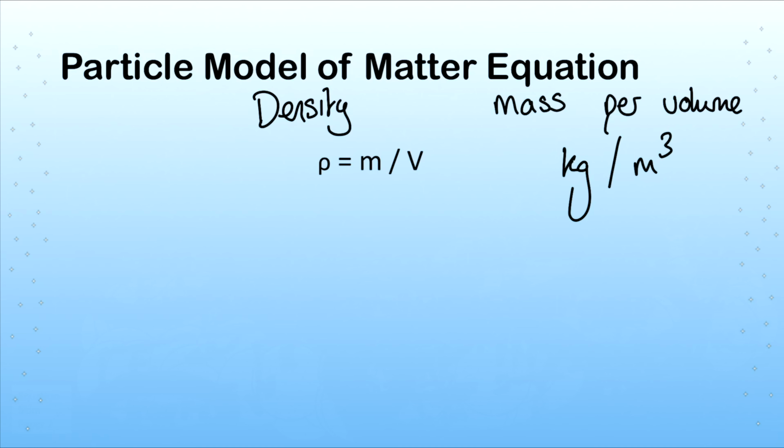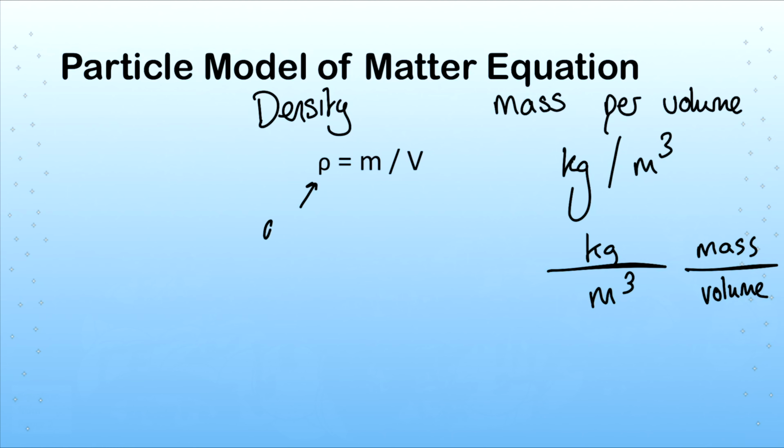If you look at this unit, it's one of those wonderful things where you've got kilograms divided by meters cubed, and if we simplify that into what the units actually mean, we've got mass divided by volume, which gives us our equation. Density is a Greek letter called rho. Density is in kilograms per meter cubed.